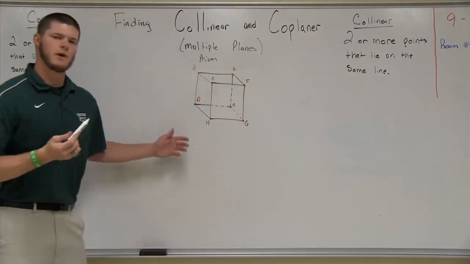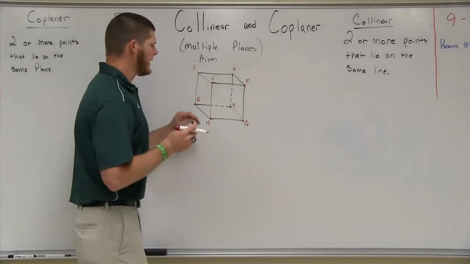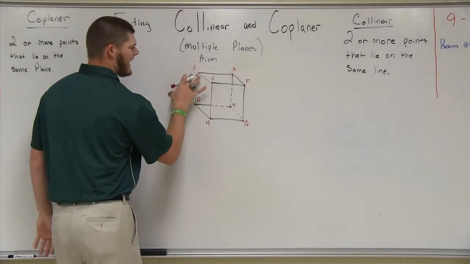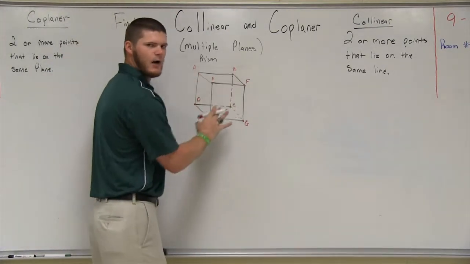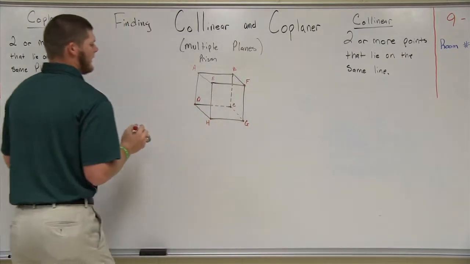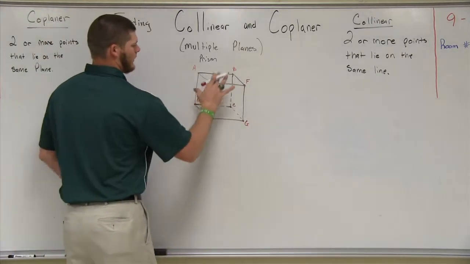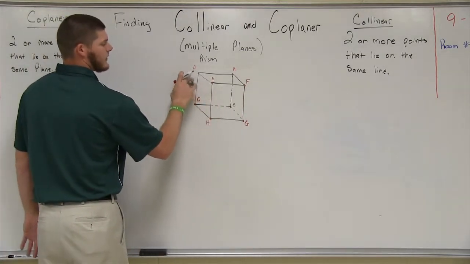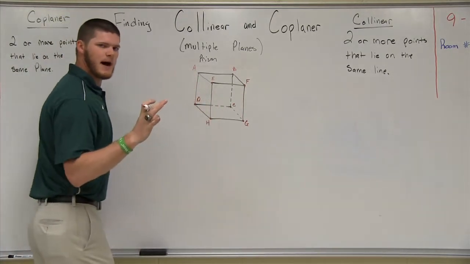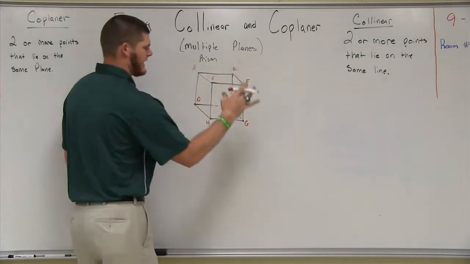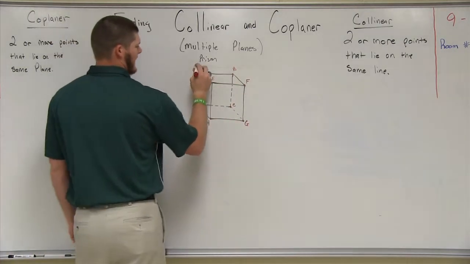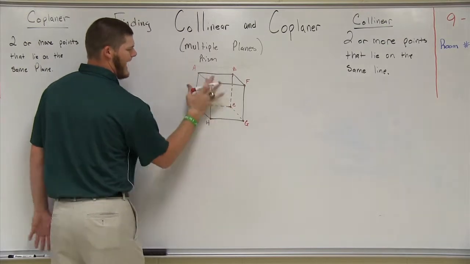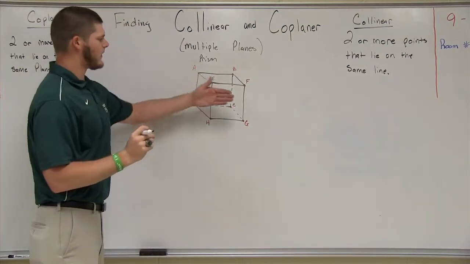Alright? So if we're going to name these planes, we're going to name them by the points that lie on them. The way I like to do it is you want to start in one specific spot and move the same direction every time. So let's say that I want to start and name the back plane, the plane that is farthest from us.